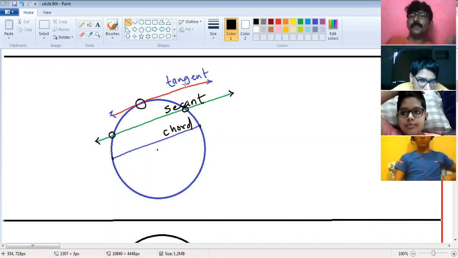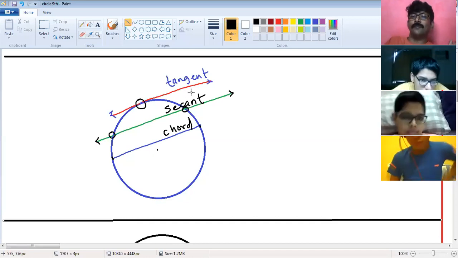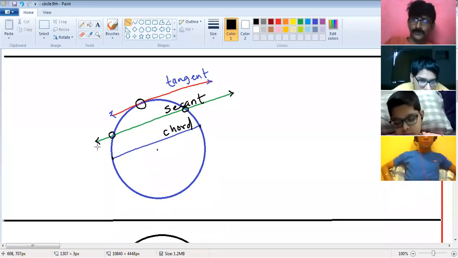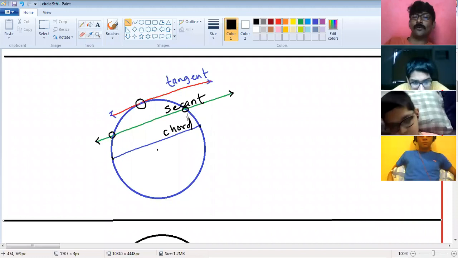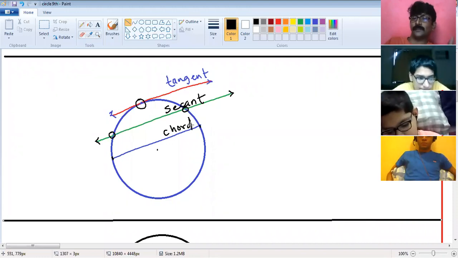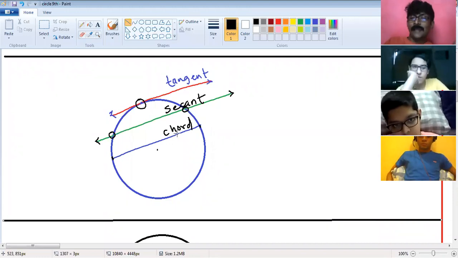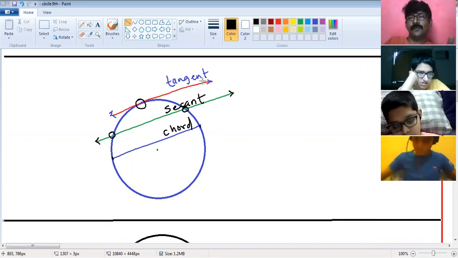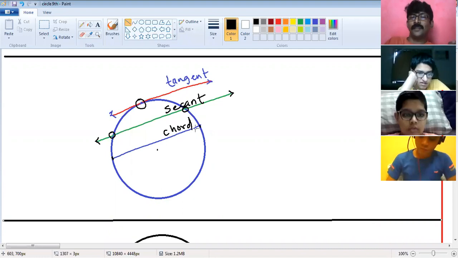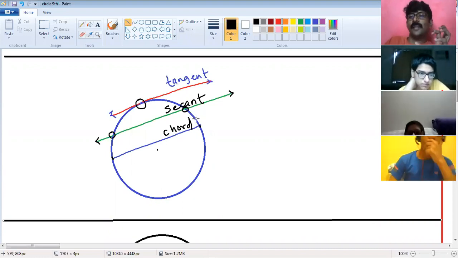Tangent and secant, both are lines. First of all, understand that's the major difference between chord and tangent, or chord and secant. Chord is a line segment and tangent is a line. I just now explained what a line and a line segment are.